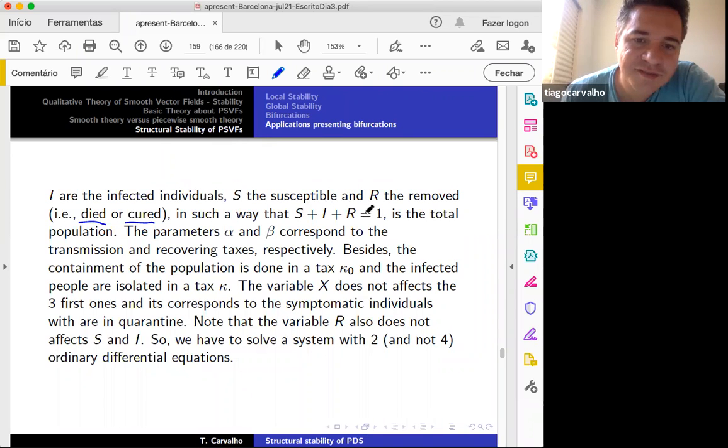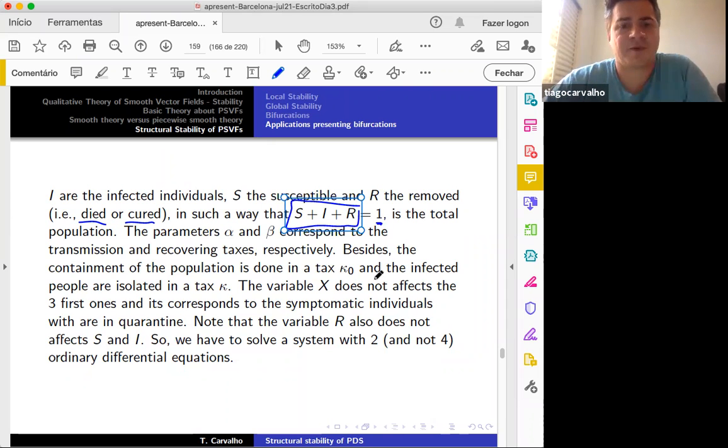And the sum of these populations is equal to the full population, equal to 1.